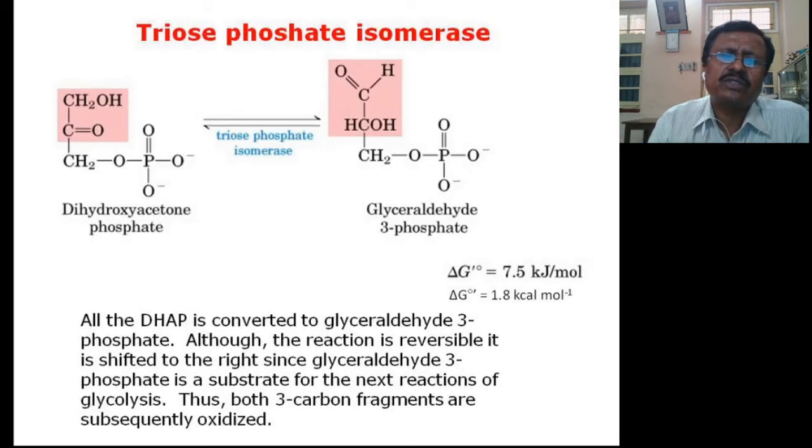The fifth reaction of the glycolytic pathway is an isomerization reaction catalyzed by triose phosphate isomerase. This enzyme catalyzes the conversion of dihydroxyacetone phosphate into glyceraldehyde 3 phosphate. It is glyceraldehyde 3 phosphate that continues in glycolysis.